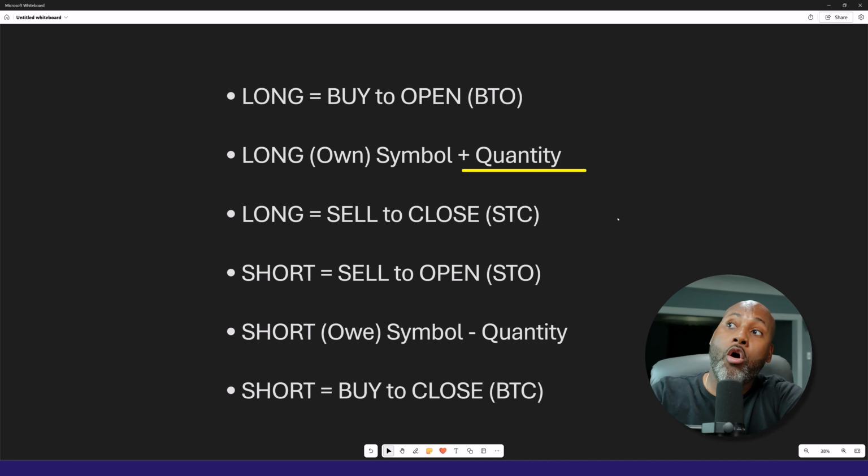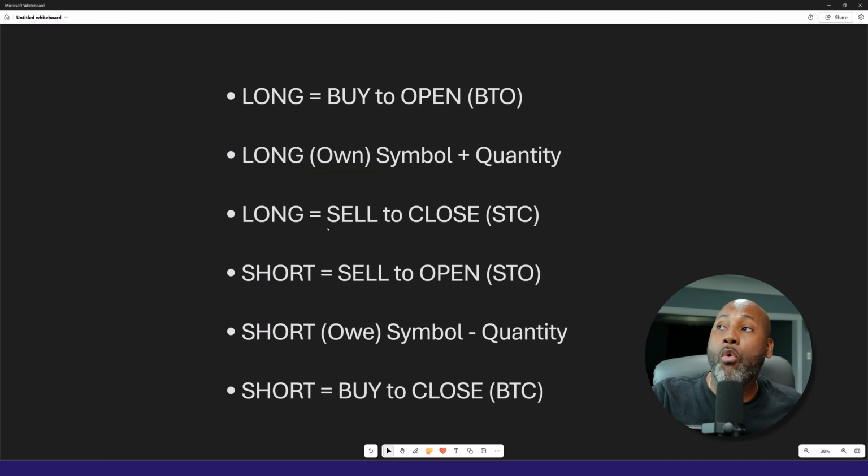If you're long in the shares, it's going to be a plus symbol in front of the amount of shares you have. When you purchase shares, you own them. So that's why you see own here.